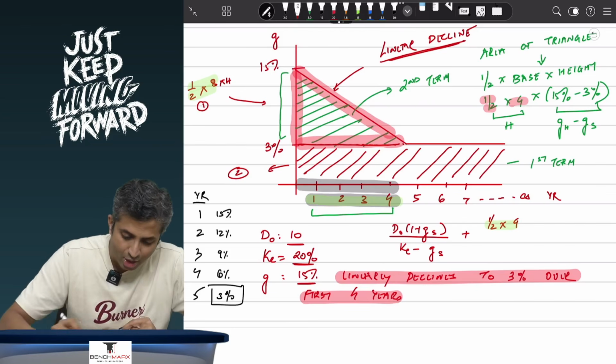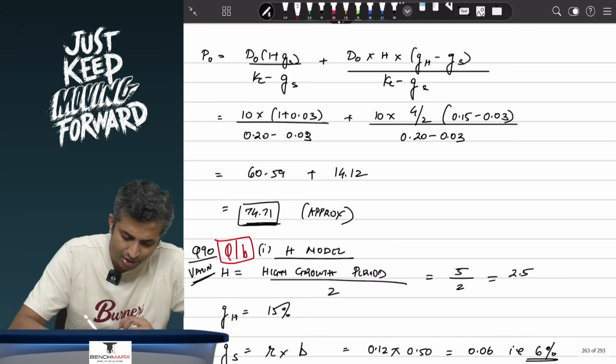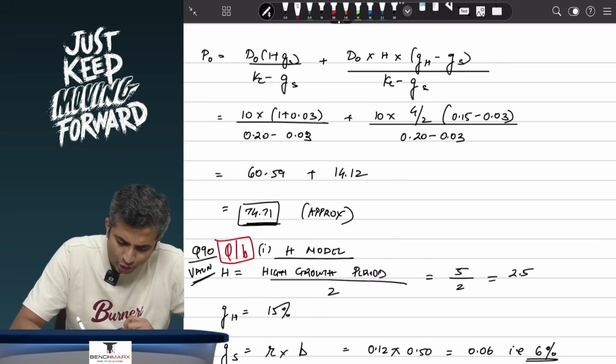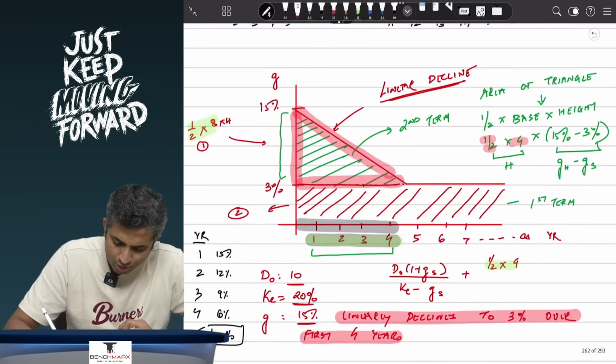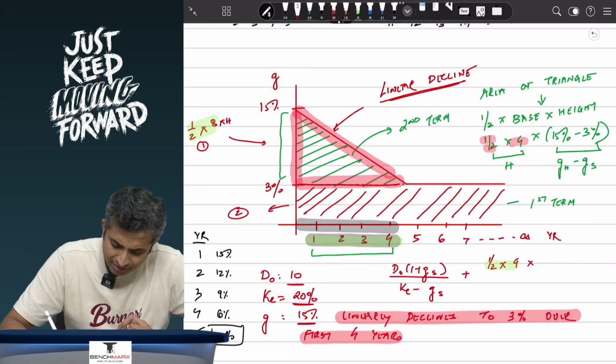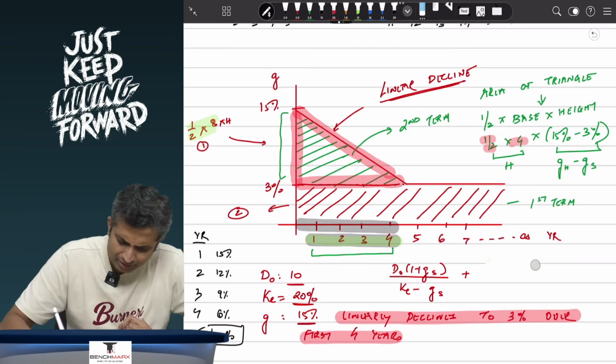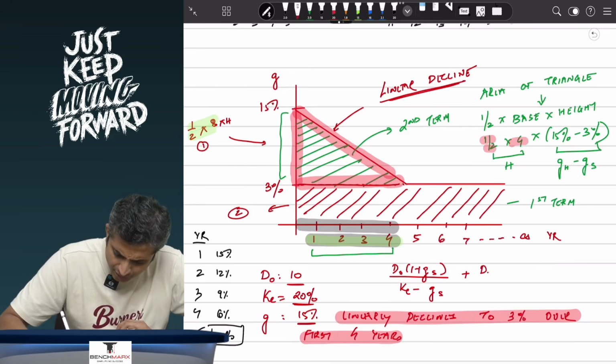In which case, over here, if we review the working, this is 1 by 2 into 1 by 2 into 4, that is equal to 2, into D0 into H. What is H?